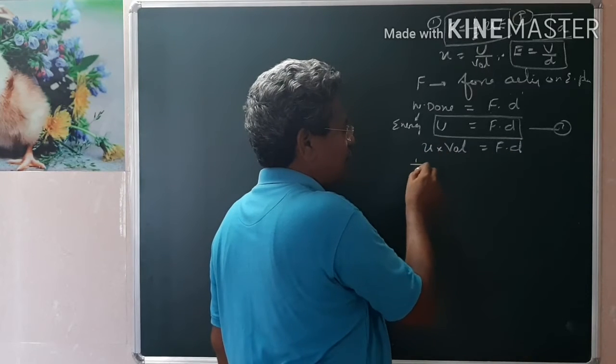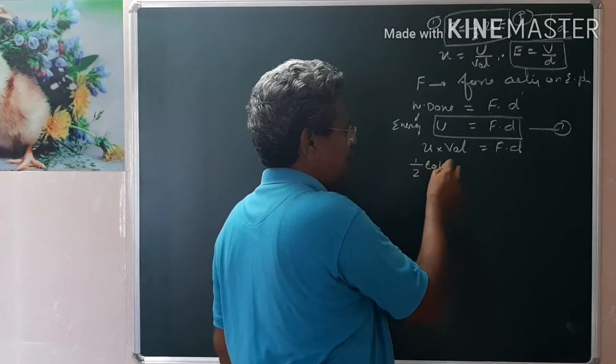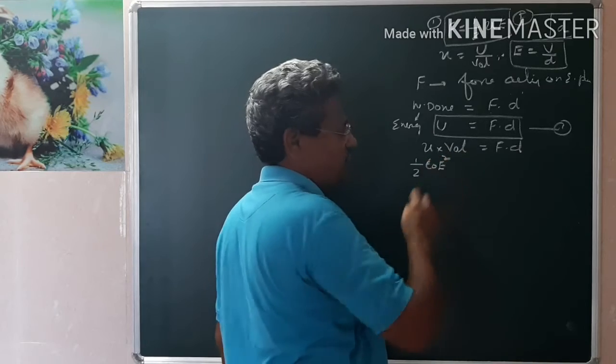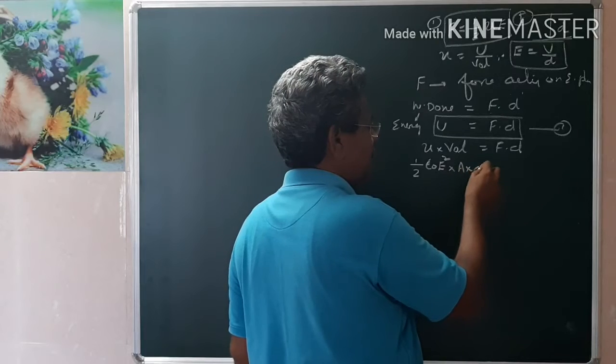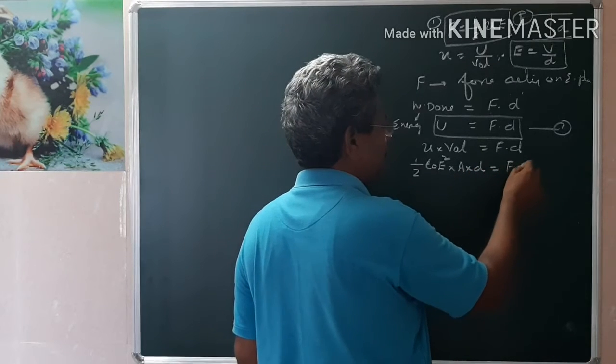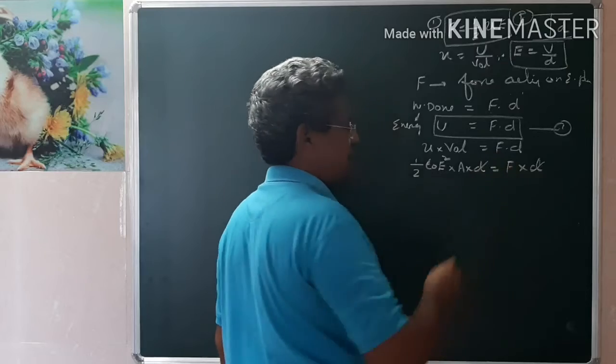Energy per unit volume is equal to half into epsilon naught into E square. This we have already derived, and you must know it. Then the volume between the two plates is equal to area into distance between the two plates. This is equal to force into distance. D cancels.